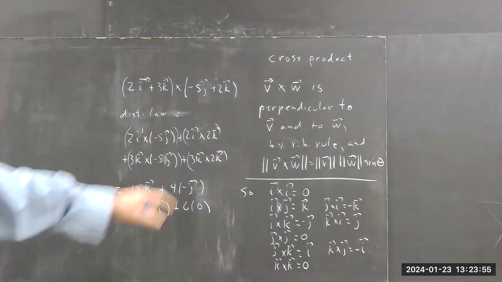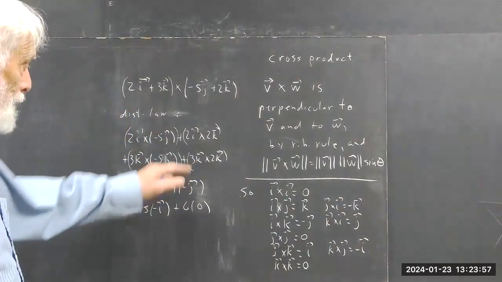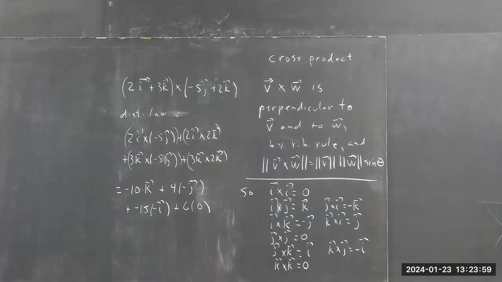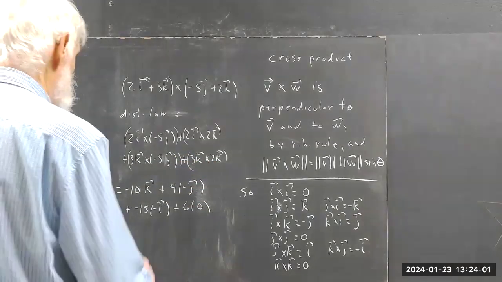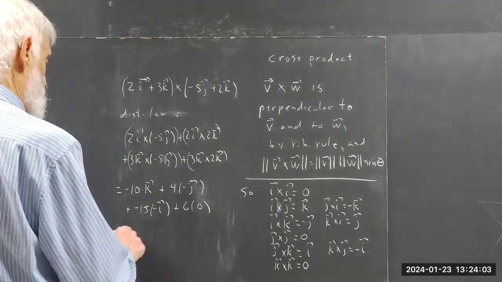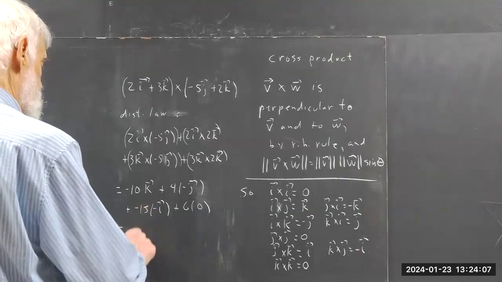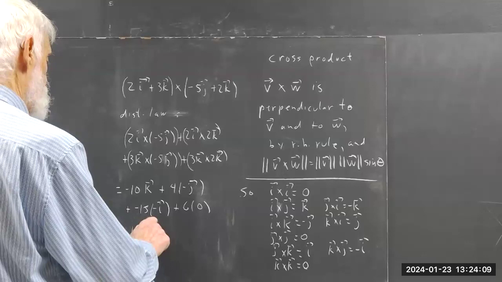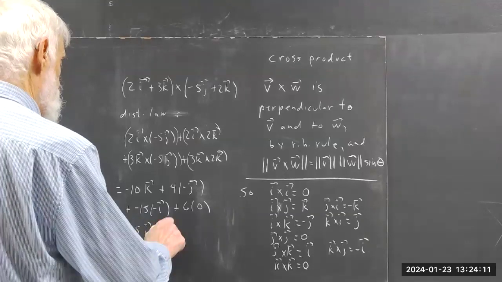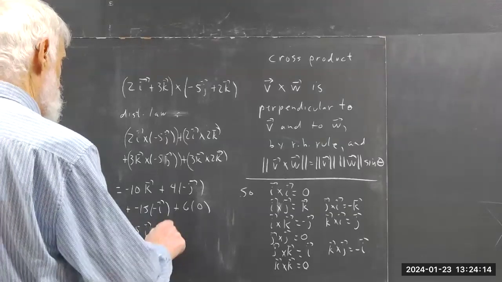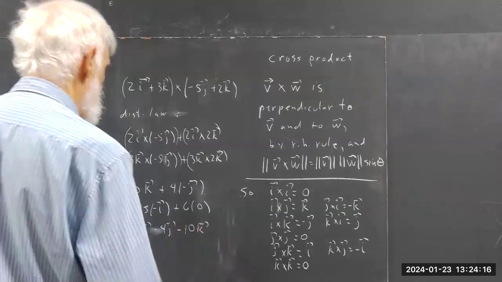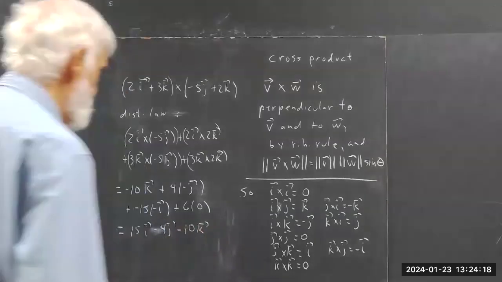In other words, just factor out the numbers and do the cross product of the two unit vectors. Well, then it looks like we have 15I minus 4J minus 10K. That's pretty simple.